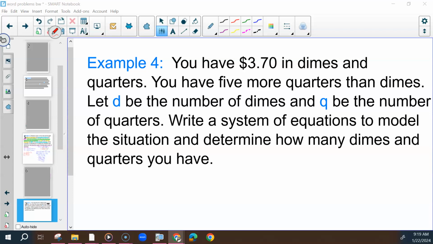What is important there? The dimes and quarters part is important because you may get different problems like this, but instead of dimes and quarters, you might get dimes and nickels, or nickels and quarters, pennies, whatever. What else? 5 more quarters than dimes. That entire sentence.